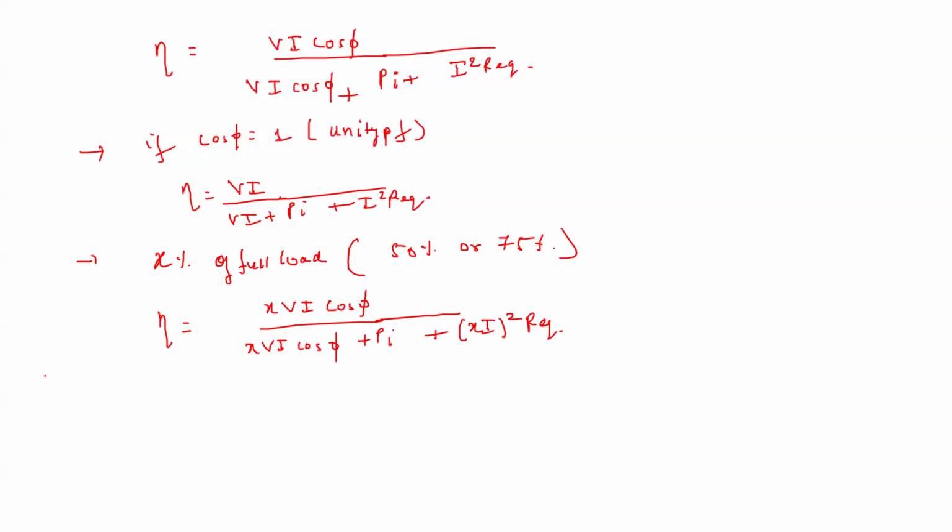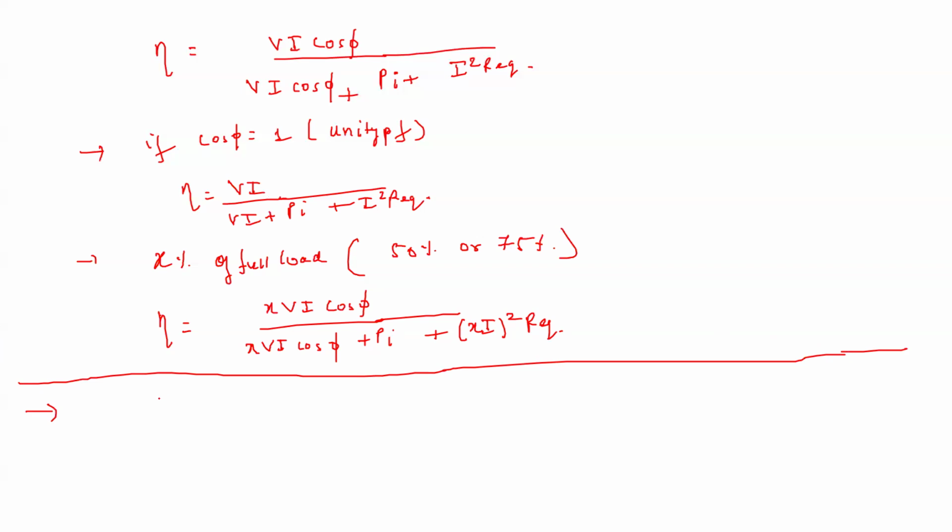Now we will see the condition for maximum efficiency. At what load does maximum efficiency happen? I can write the efficiency as V cos phi by, not writing this X thing, I'm assuming that it is operating at full load.